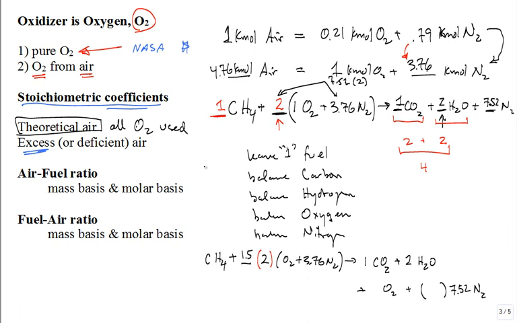Can you tell what is this coefficient right here in front of the nitrogen? Can you tell from the nitrogen balance what that needs to be? It needs to be what? 1.5 or 3? Does it need to be 1.5 or 3?